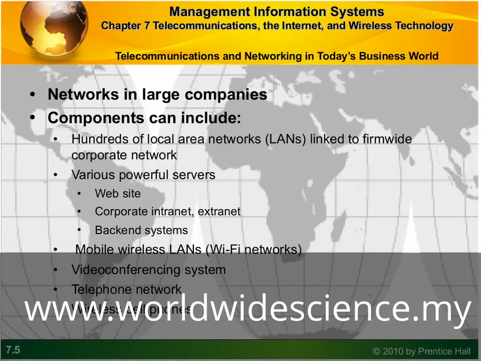Various powerful servers, websites, corporate intranet, extranet, backend systems, mobile wireless LAN or Wi-Fi networks, video conferencing systems, telephone network, wireless telephone, Voice over IP, all these are the components of a large computer network for big companies, organizations, or firms.